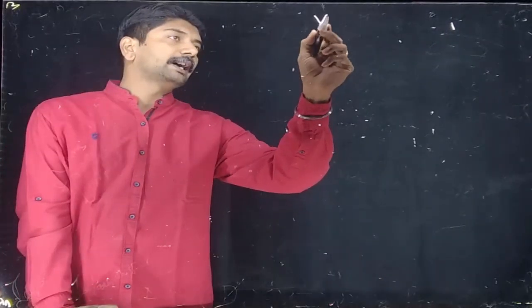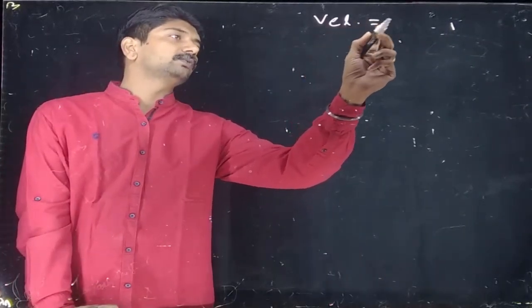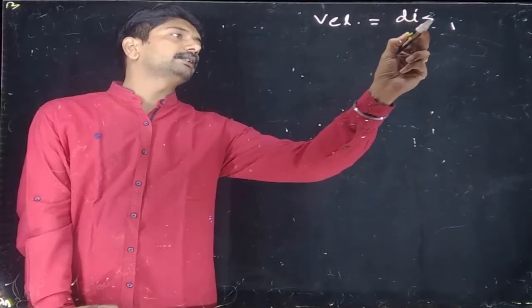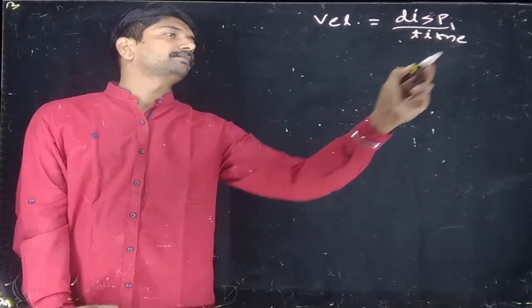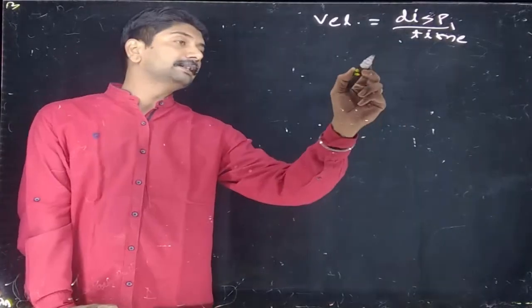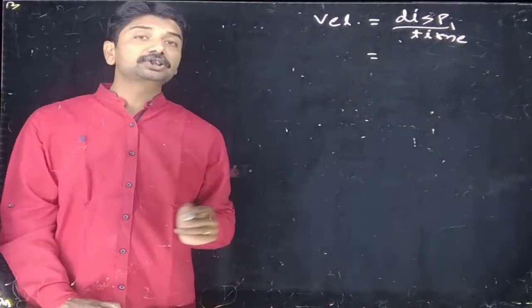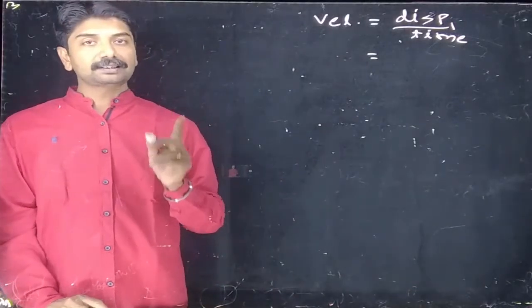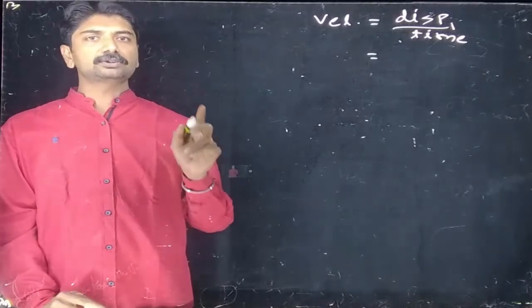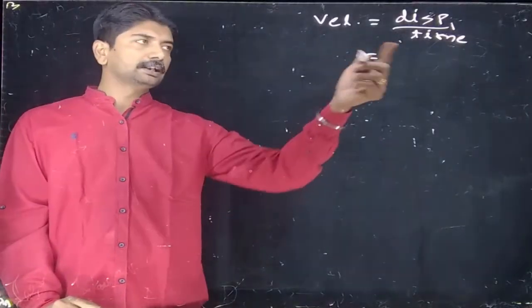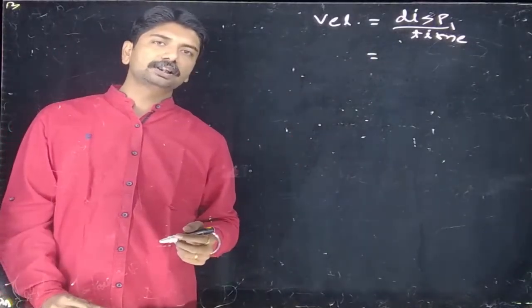So we know that velocity is equal to displacement upon time. What is meant by displacement? Displacement is nothing but change in position. Remember that whenever you see the word change all over physics, you have to go for final minus initial. Here we are talking about change in position.